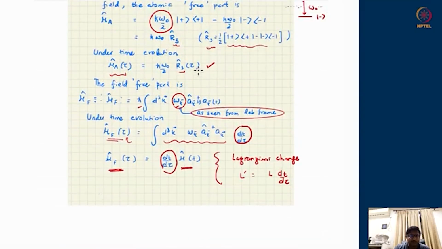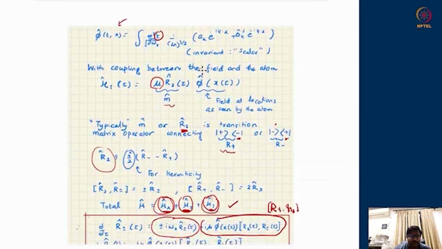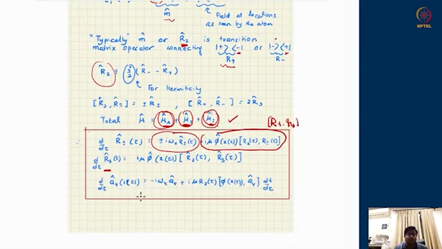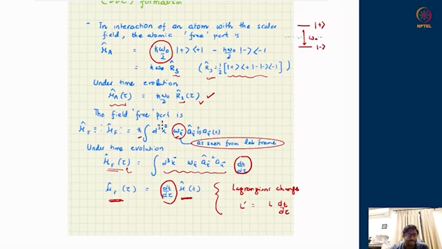Similarly, when I write down the time evolution of R3, which appears in the Hamiltonian of the atom, I should write down d tau of R3. Every time evolution is right now being done in the clock of the atom, because this is where the Schrodinger evolution holds. So again, we take R3 and obtain its commutator with the total Hamiltonian. R3's commutator with HA will be 0, because HA itself is also R3 up to a constant.